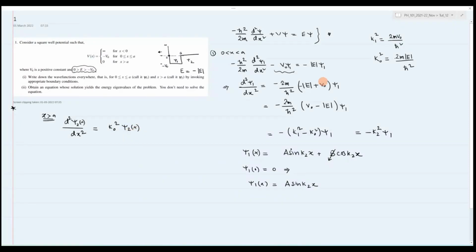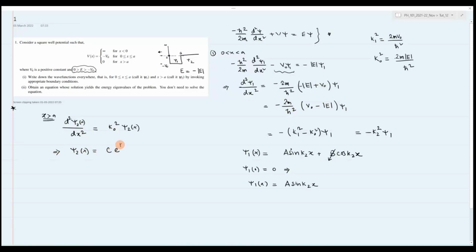Because v0 will not be there, it will simply become 2m modulus of E by h cross square psi 2. So now this is a d2 psi by dx square is equal to omega square psi type of equation. So here our solution will become exponential.